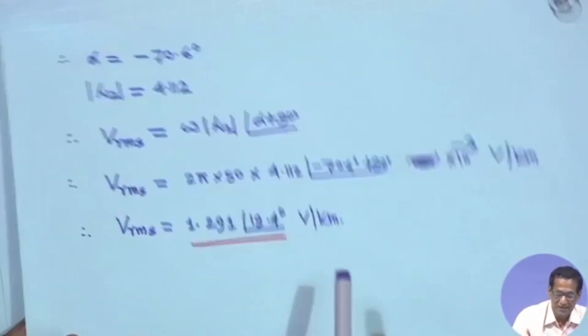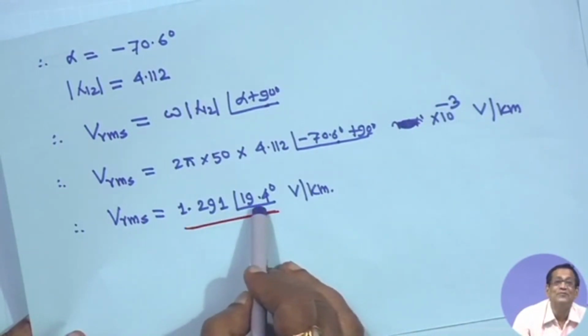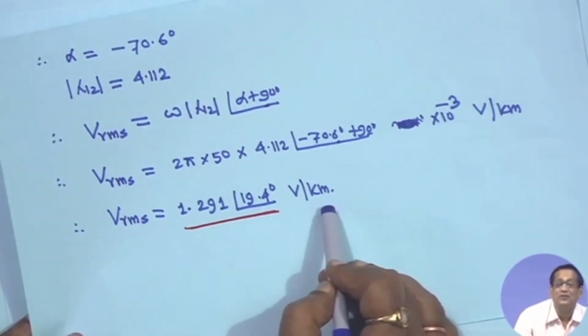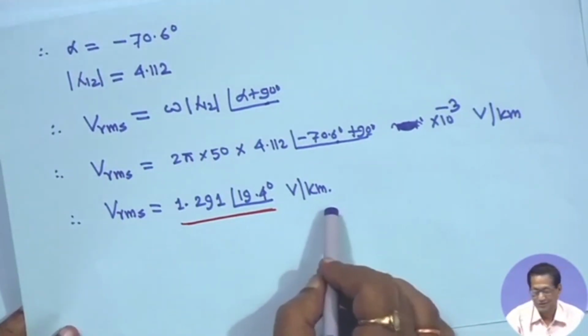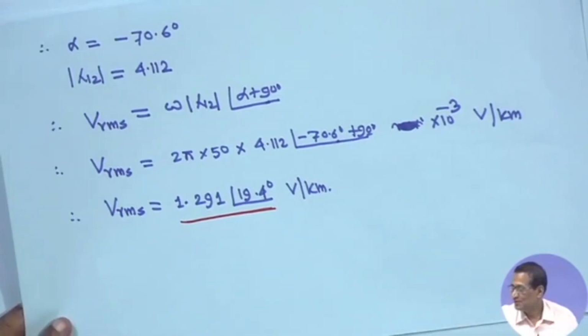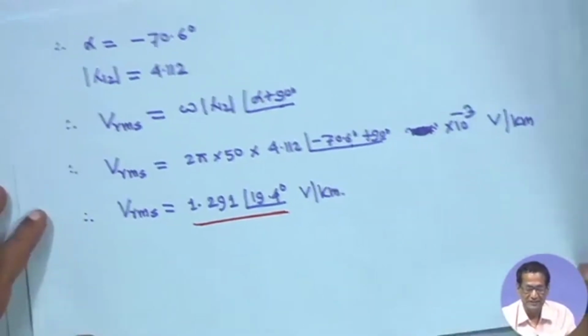After that, V RMS is equal to 1.291 angle 19.4 degree volt per kilometer, right. So this is your answer, right.